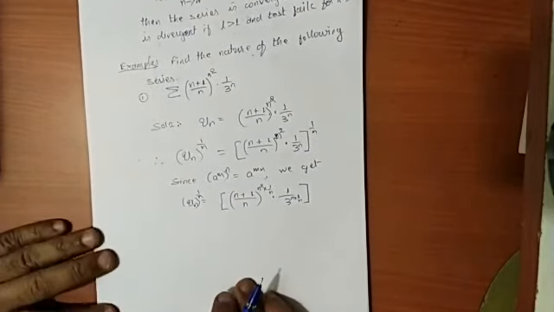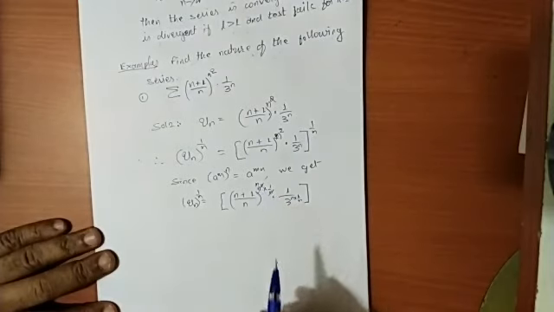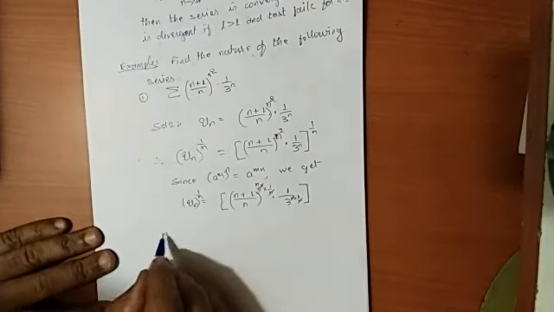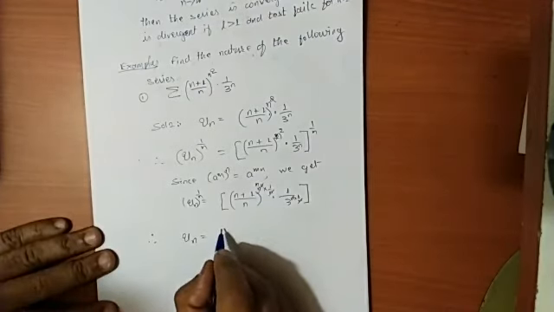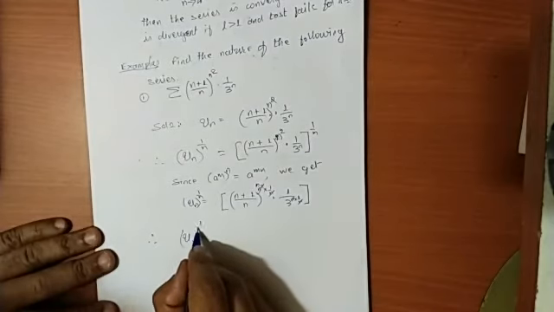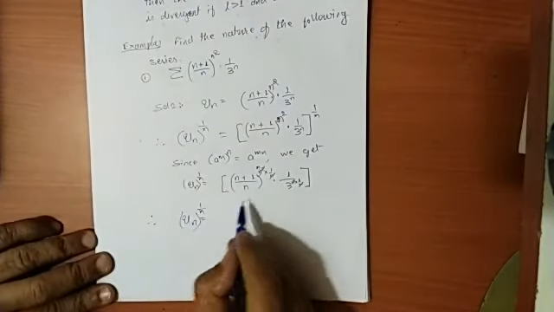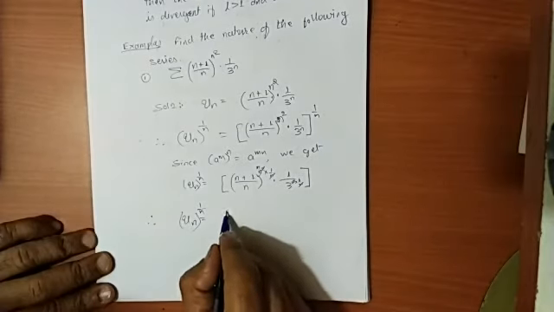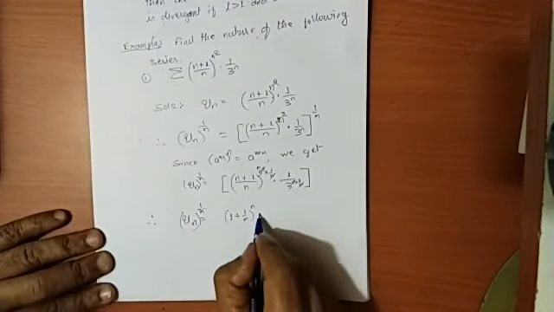Here you can easily observe n squared cancels with n, leaving behind n in the exponent. Therefore, un raised to 1 by n will be equal to (1 plus 1 by n) raised to n times 1 by 3.